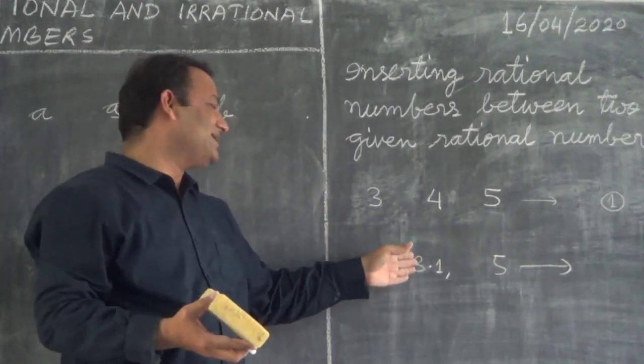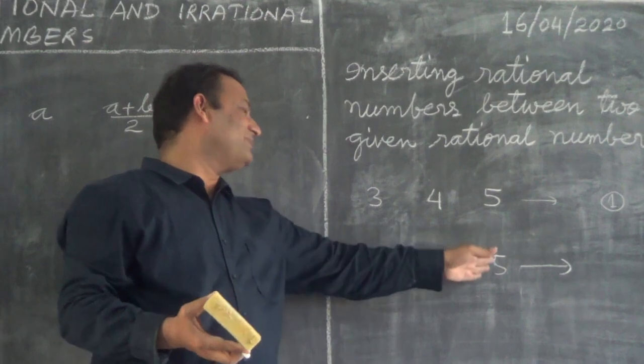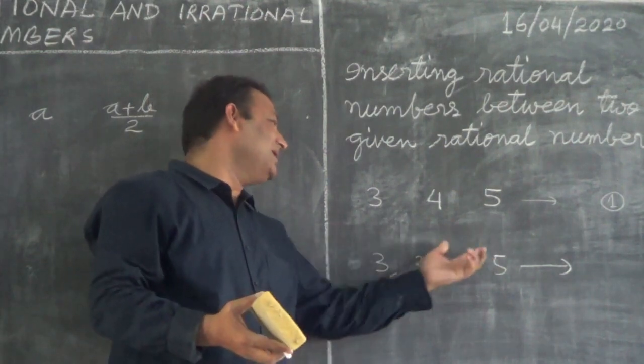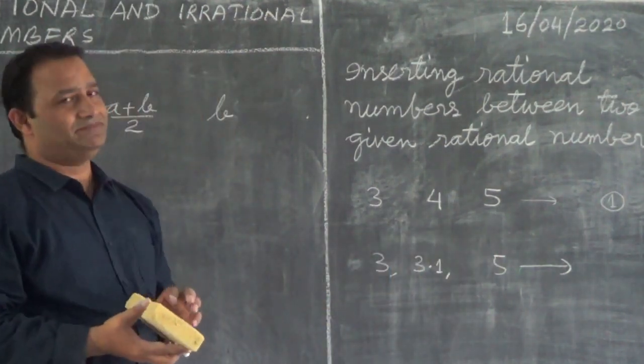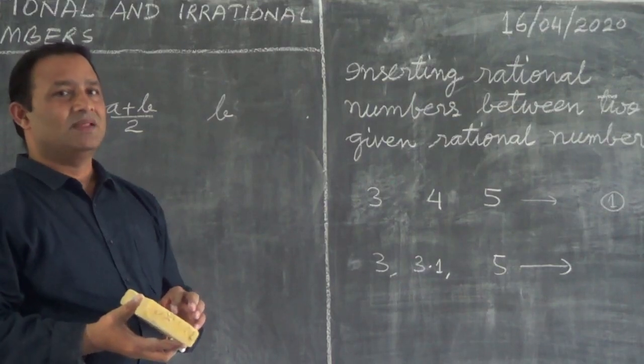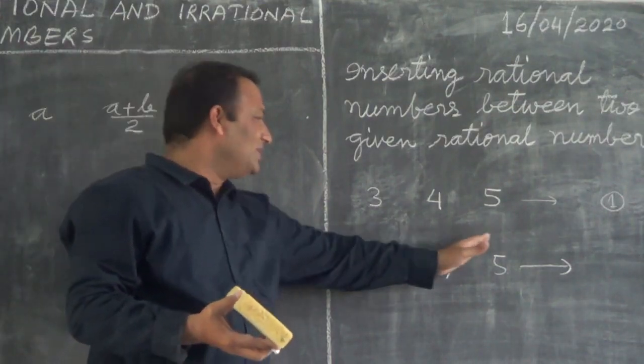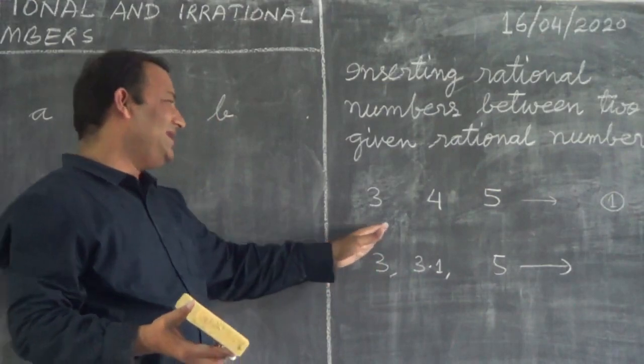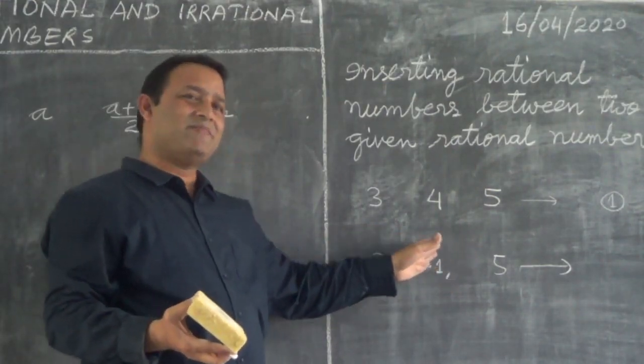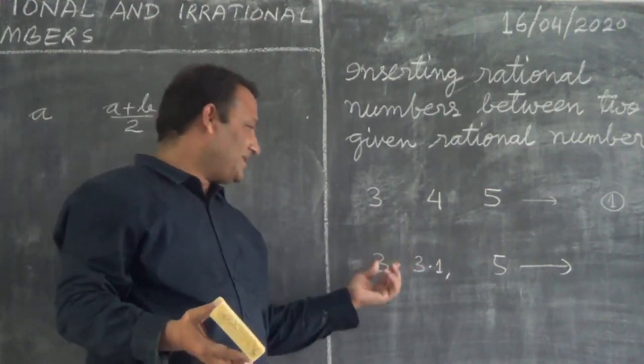So 3 is less than 5, so 3.1 is less than 5.